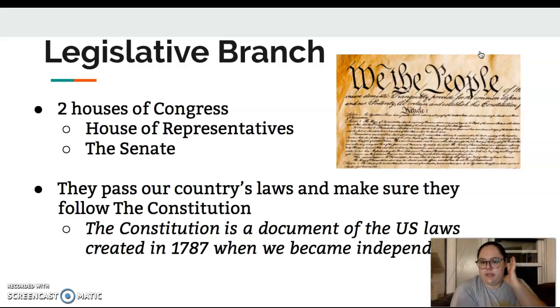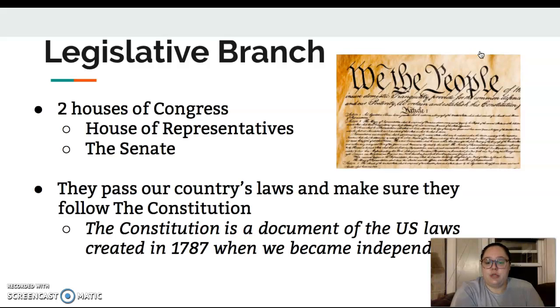The second branch is the legislative, and this is made up of our two houses of Congress. We have our House of Representatives and we have the Senate, and both of these are voted on by different states, and they represent the people from that area. This branch passes our country's laws, and they make sure that they follow the Constitution.